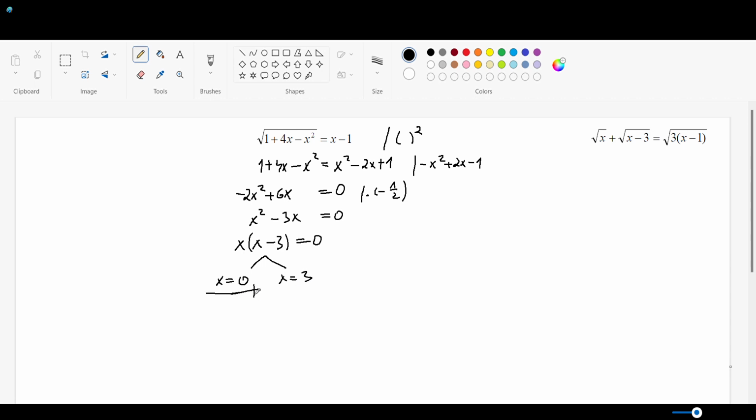As we already know, it's very important to do the check, because we used something which is not an equivalent operation. So let's do the check for the left side, for x being 0, which means this is the square root of 1 plus 0 take away 0, so this is the square root of 1, which is 1.